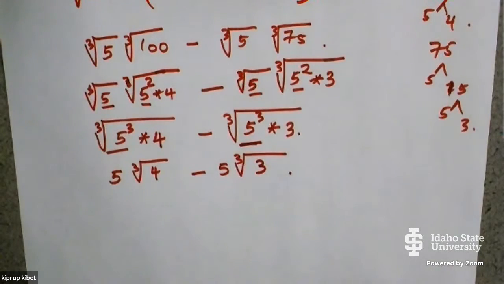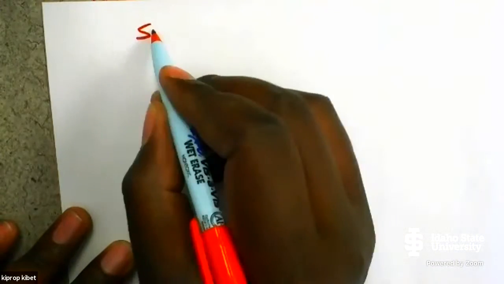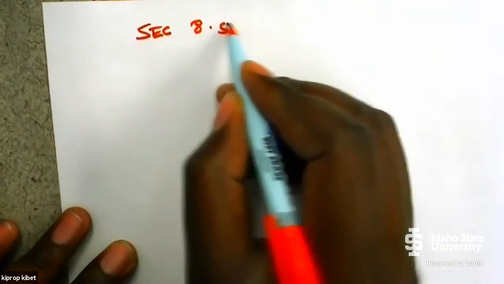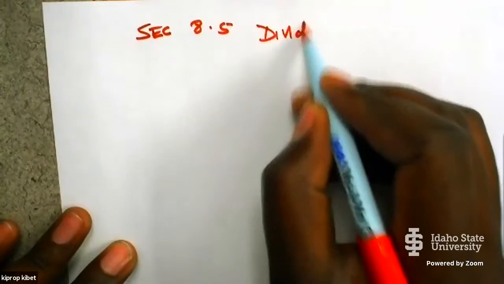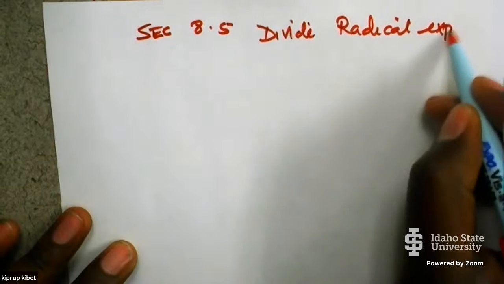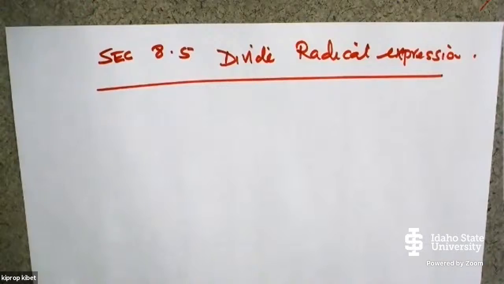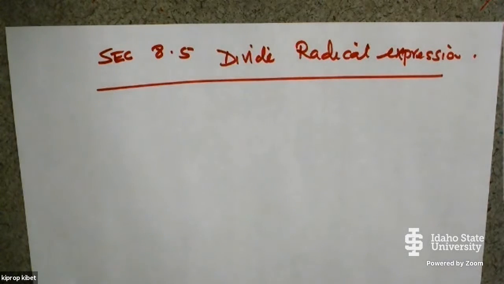Now, let's come to the next section, dividing radicals, which is section 8.5. Divide radical expressions.